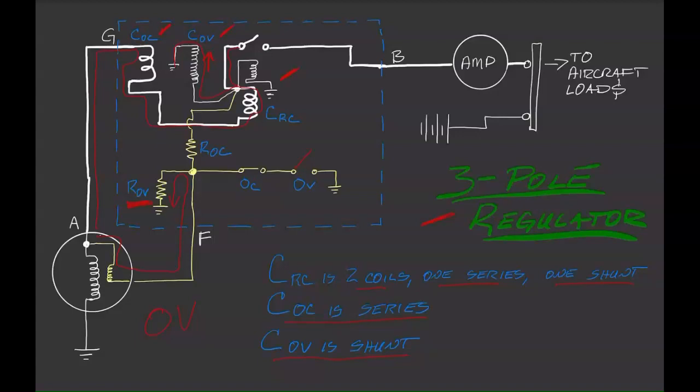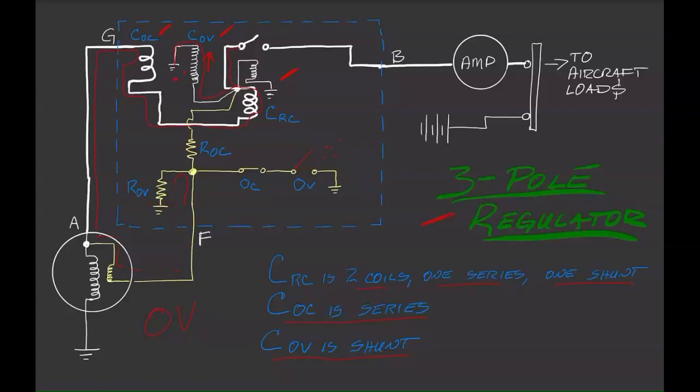That's going to drop field current. Field current drops. Armature voltage is going to drop. Armature voltage drops, and then this coil collapses and this switch closes again. So this switch is going to be vibrating back and forth, buzzing, just like any other over voltage switch.